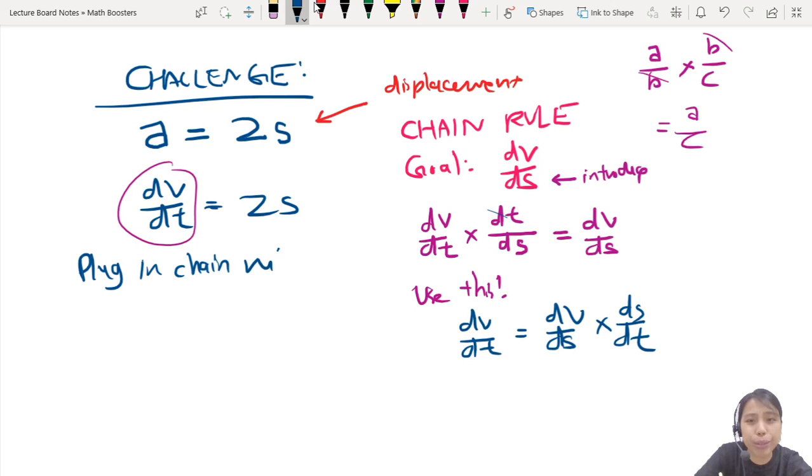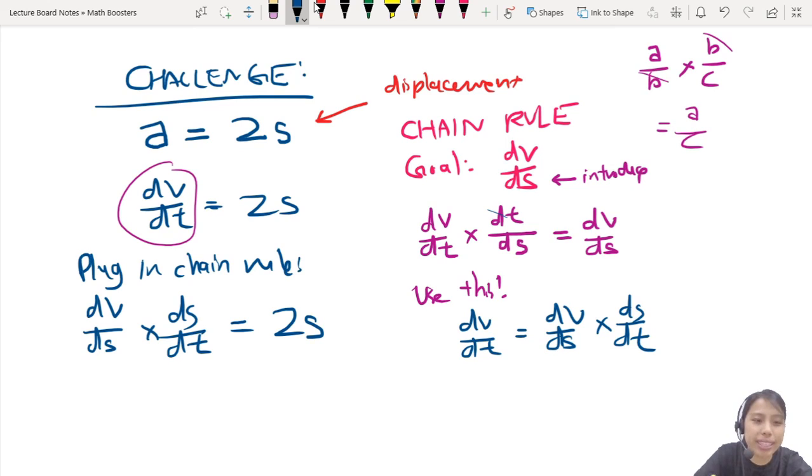We just created it based on fractions. So dv dt will be dv ds times ds dt. Very nice. I like this. We'll see why it will help in a bit. So now ds divided by ds actually is gone. So very good. We have dv dt over here.